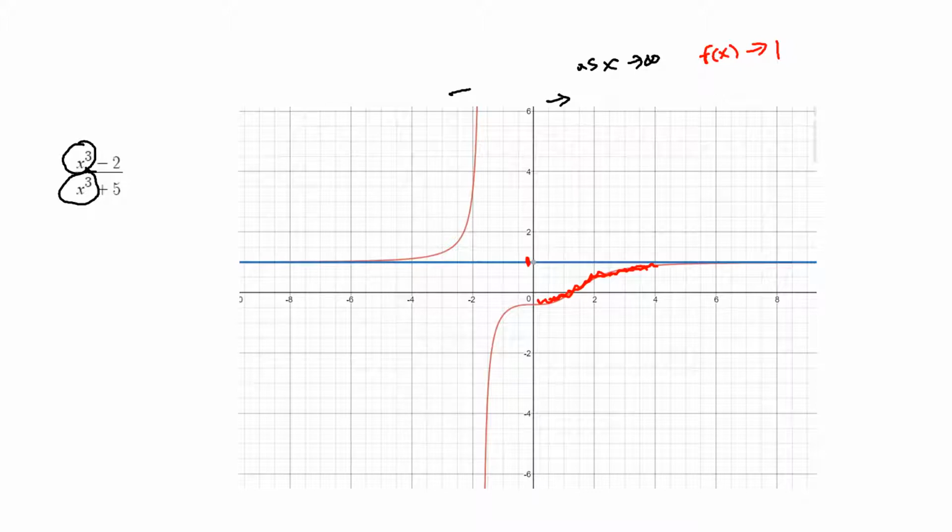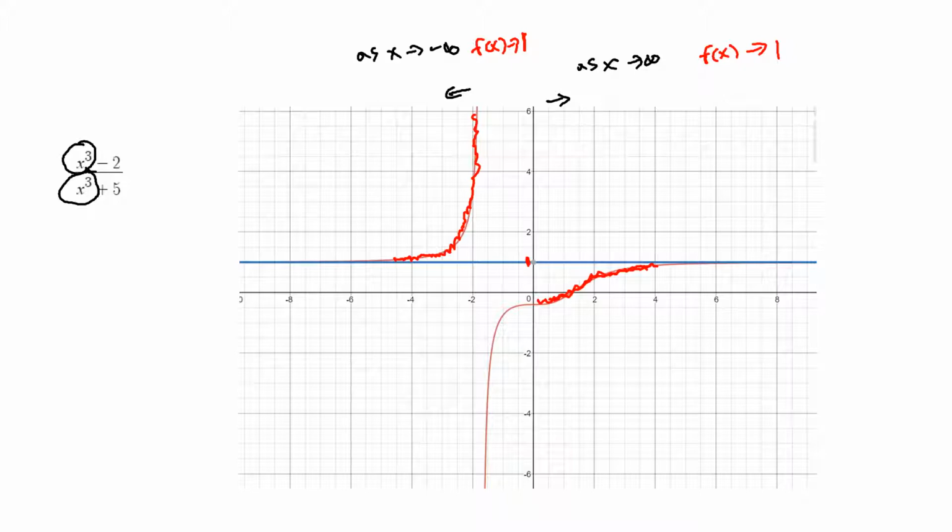And as we go towards the left, in other words, as x goes to negative infinity, what happens to the function then? Notice that we're getting very, very close to 1 as well. So our function value gets very close to 1 the further left we go.